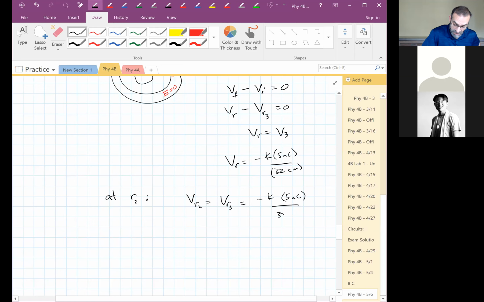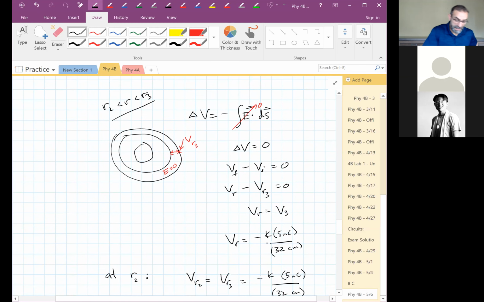It doesn't change. It's the same on the outer wall. It's the same everywhere in between. And it's the same on the inner wall of that conductor. Everywhere on that conductor, V has the same value, minus K times 5 nanocoulombs over 32 centimeters.